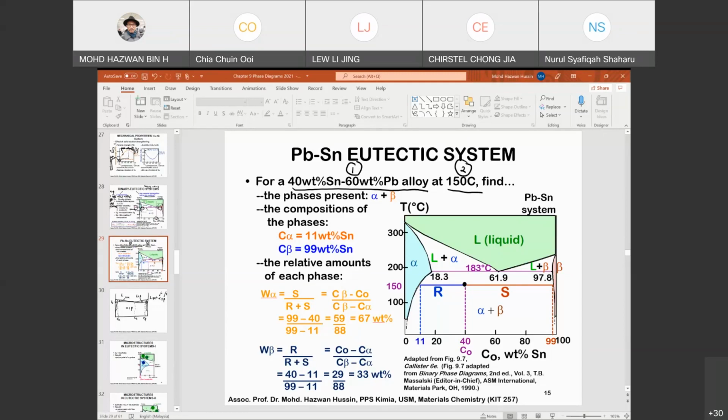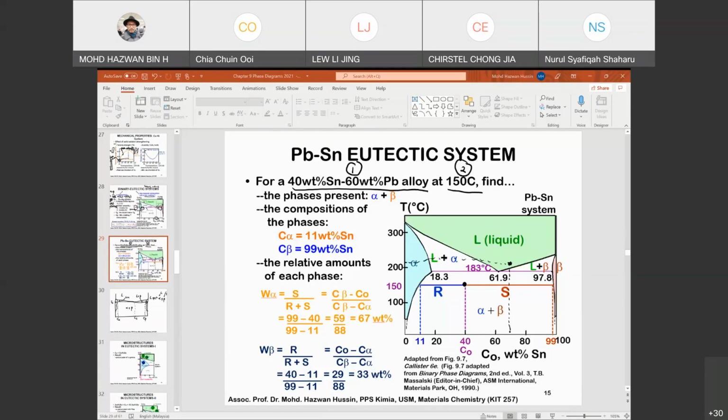Liquid. Is it liquid plus beta or liquid? It's okay, I don't know exactly for 210. It will be somewhere here, so liquid. Okay, thank you very much.